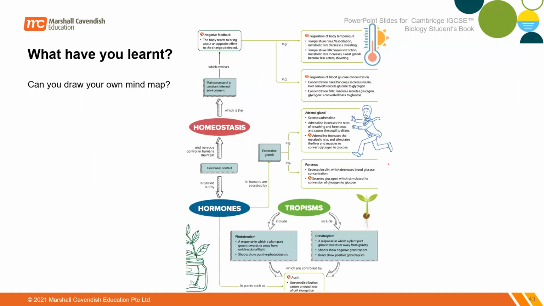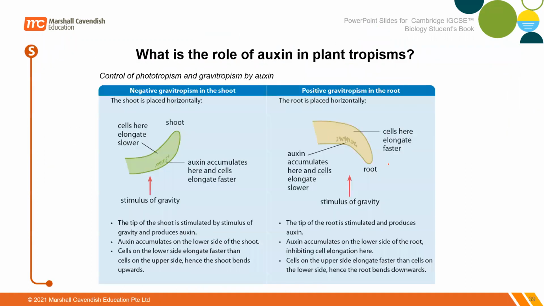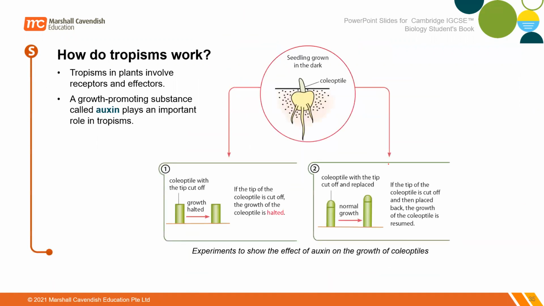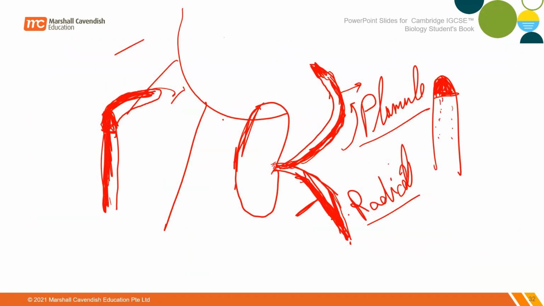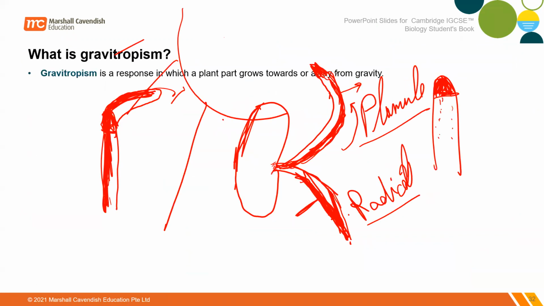طيب بالنسبة للجرافيتروبيزم، فين السلايد اللي انا I draw فيها؟ Yes, just a second. Okay. دلوقتي أنا I have seed of a plant like this. إحنا we said الجروث هرمون اللي بيهلب في الفوتوتروبيزم or الجرافيتروبيزم called auxins, and it is secreted or produced at the tip of the plumule or the tip of the radicle.